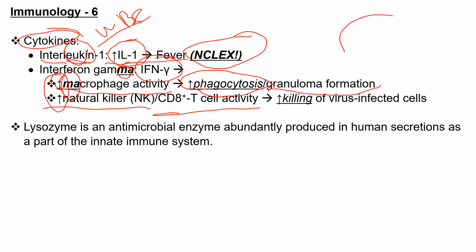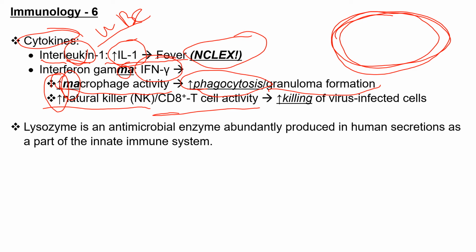Granuloma is like building a wall around an object that macrophages say, hey, you know what, I can't phagocytose and destroy that particular object. So they form a wall around that toxic area or infected area.